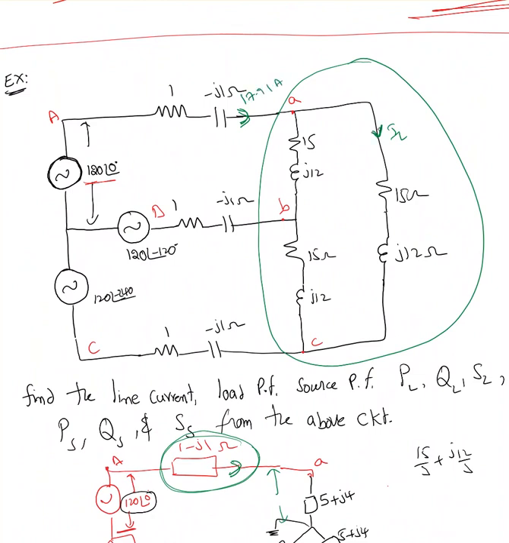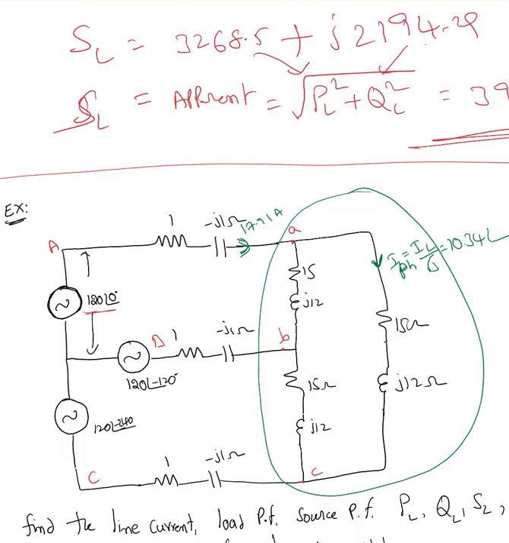What is the current passing through this? This is a delta load, so the delta load current is nothing but the phase current. Basically the phase current equals the line current divided by square root 3. That value is 10.34 at an angle that depends upon the load impedance.